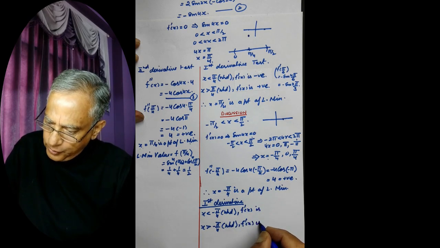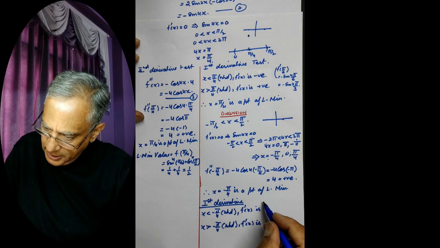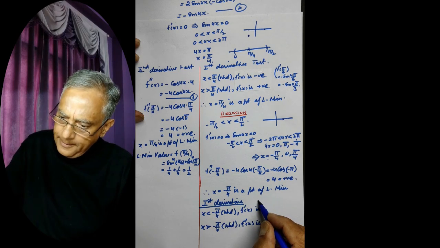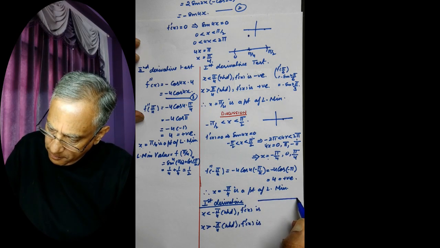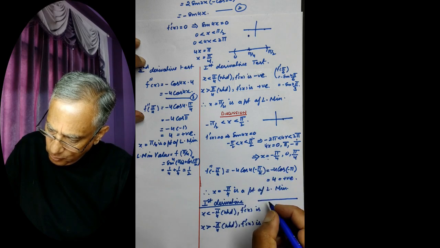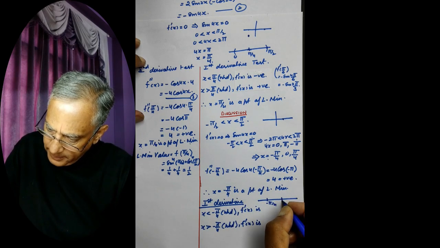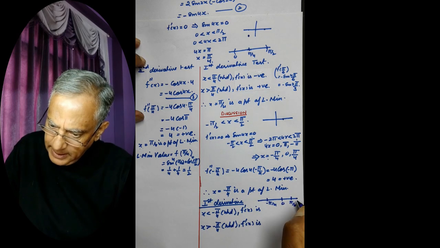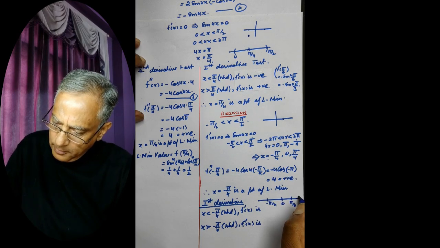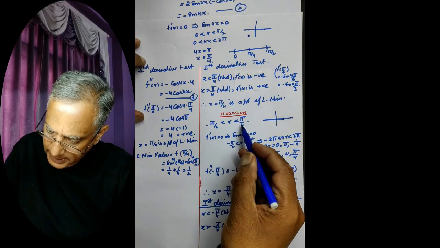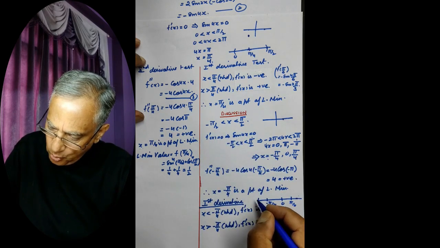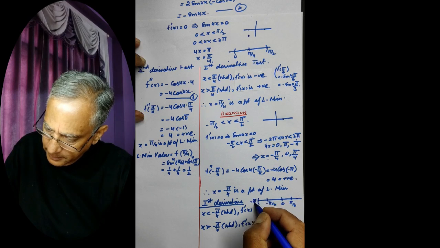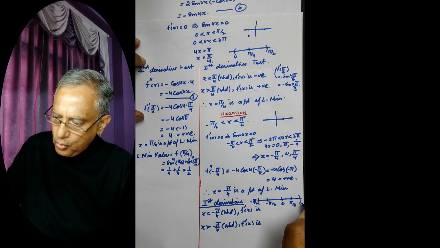Now in this discussion, we have the points x equal to minus pi by 4, x equal to 0, x equal to pi by 4, and the interval given is minus pi by 2 to pi by 2. So this will be minus pi by 2 and this will be pi by 2.